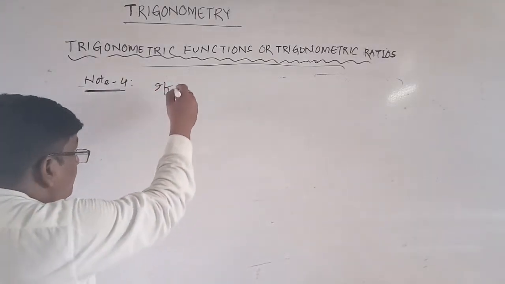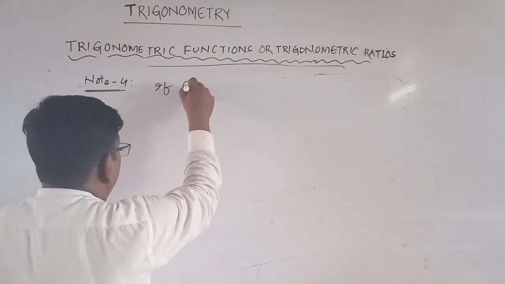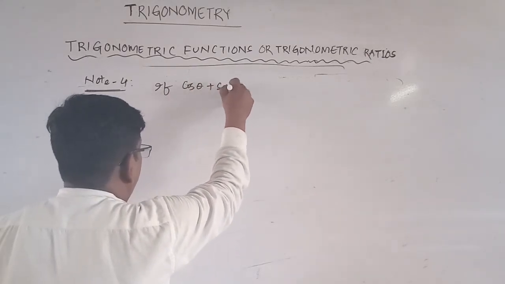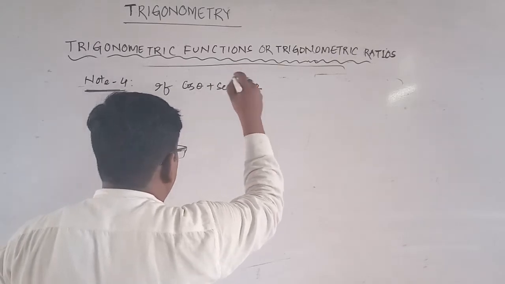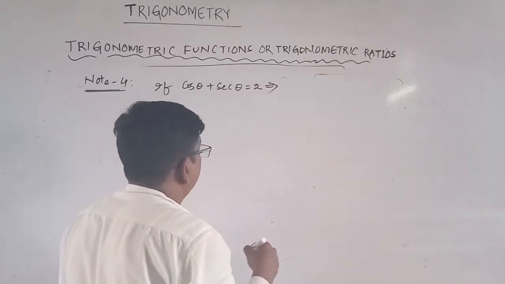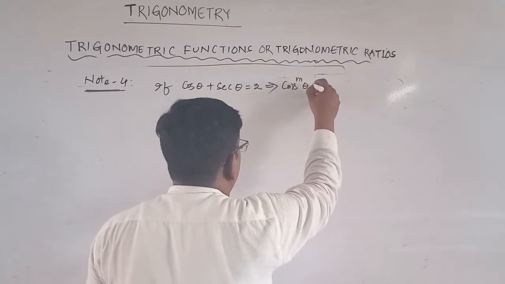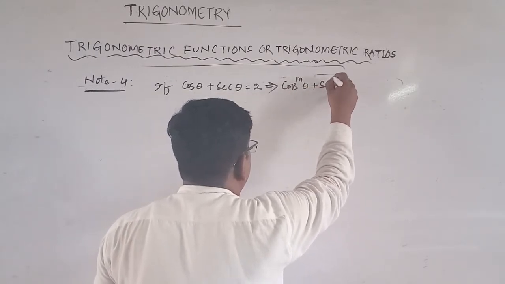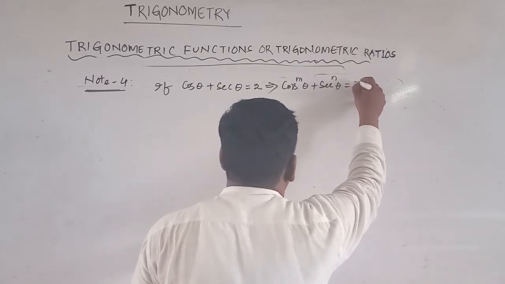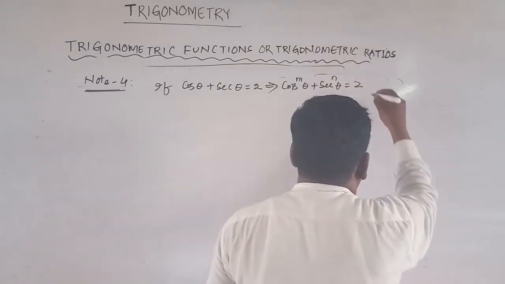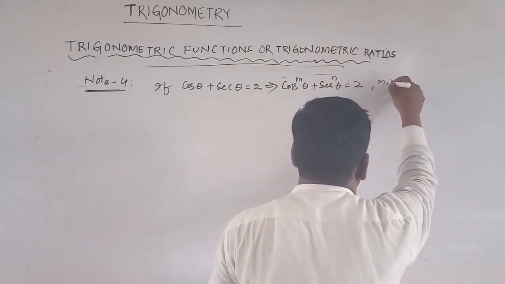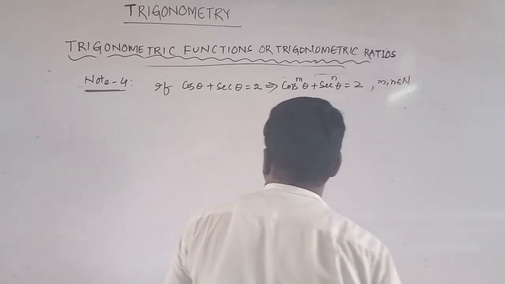If cos theta plus sec theta is equal to 2, it implies cos m theta plus sec n theta is equal to 2, where n belongs to natural numbers.